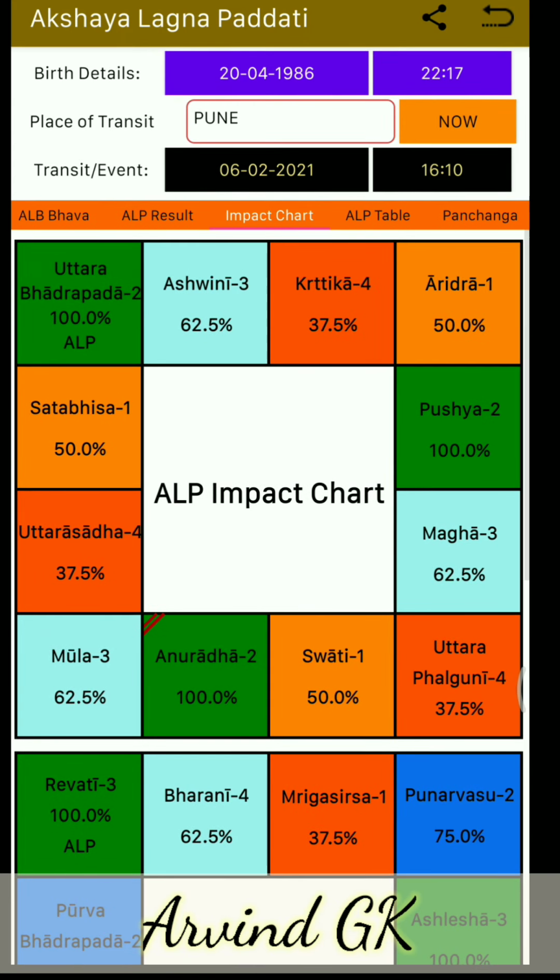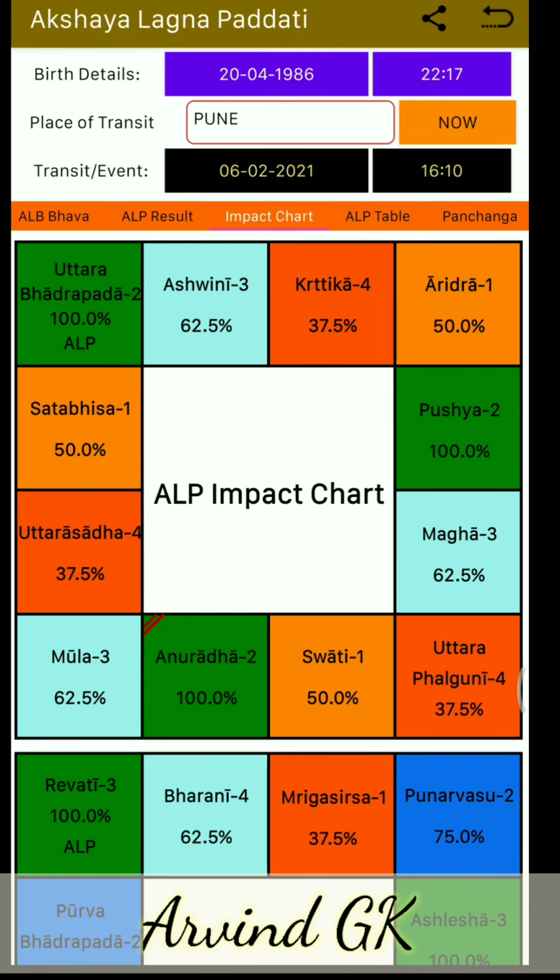So let's see the impact chart. When they look at the impact of Ashwini, it is the second house, the 6th house and the 10th house. So your second house is income.